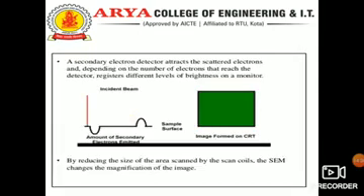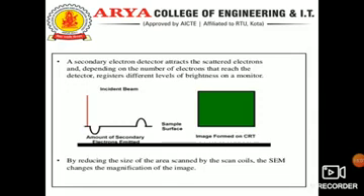A secondary electron detector attracts the scattered electrons, and depending on the number of electrons that reach the detector, registers different levels of brightness on the monitor.